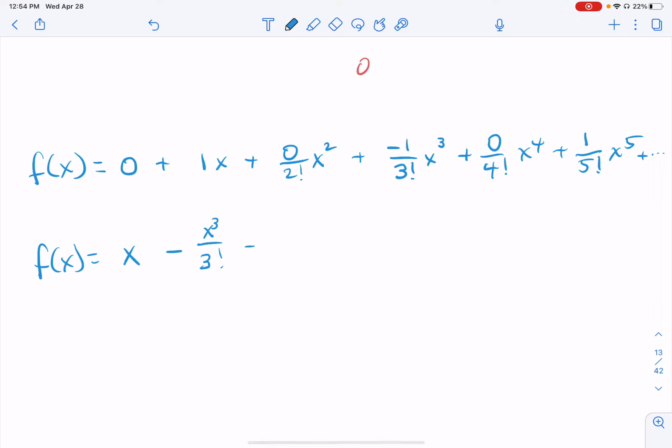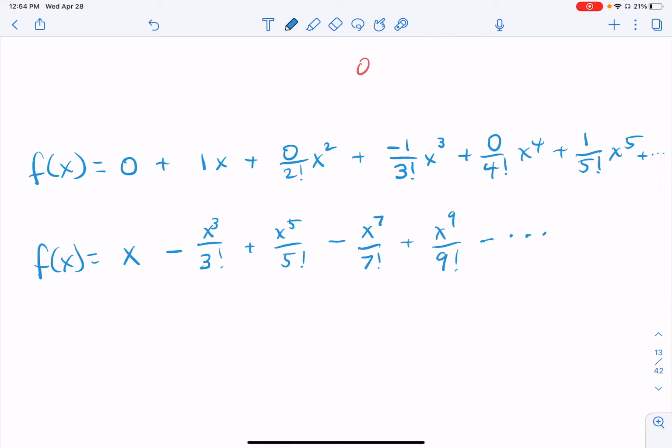Next one is going to be plus x to the fifth over 5 factorial. And then I'm going to carry on this pattern here. I know it's going to alternate in sign here, so this one's going to be negative. I'm going to skip the sixth one because that's what's going to be 0. x to the seventh over 7 factorial. Can you guess the next one? x to the ninth over 9 factorial. And then minus dot, dot, dot, whatever.